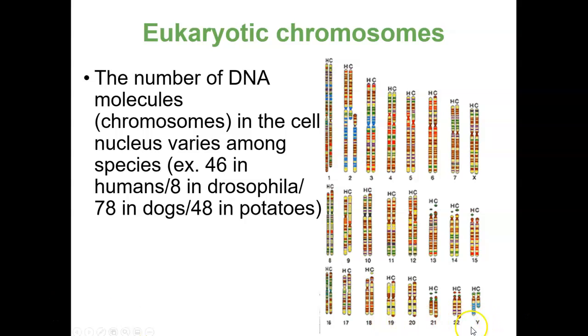Here's the 22nd pair, here's the 23rd pair, which are the sex chromosomes, where we look and we see that in Drosophila or flies, there's only 8. And in dogs, there's 78. In potatoes, there's 48. So the number of chromosomes does not necessarily indicate intelligence.